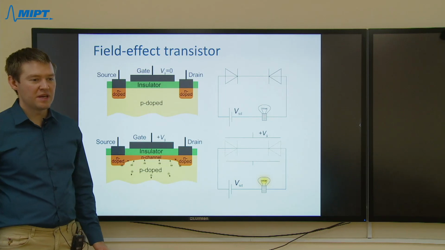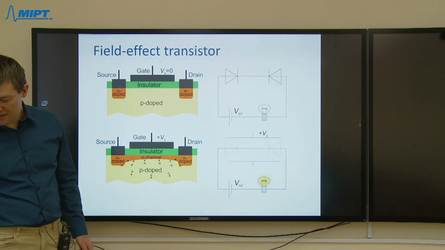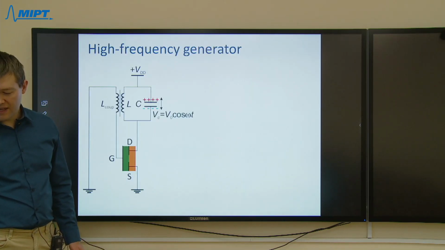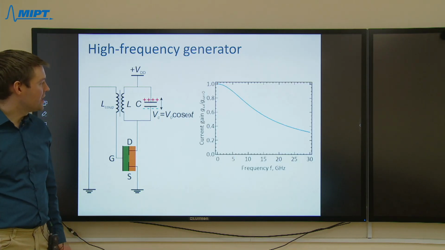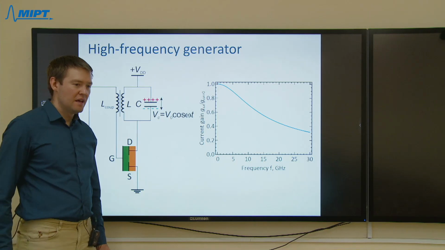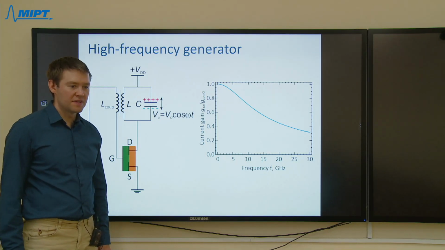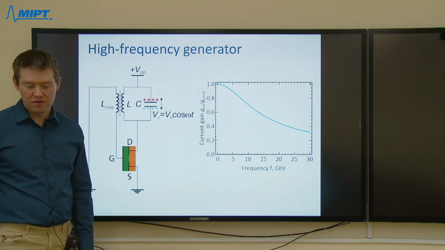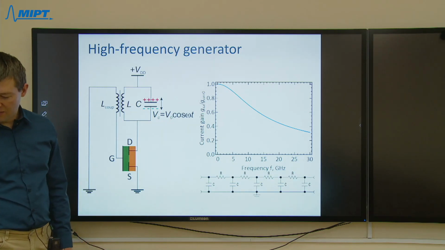The transistor becomes in the on state. We tried to address several applications. In particular, we have shown that the transistor acts as an amplifier of small signals and a generator of high frequency signals.